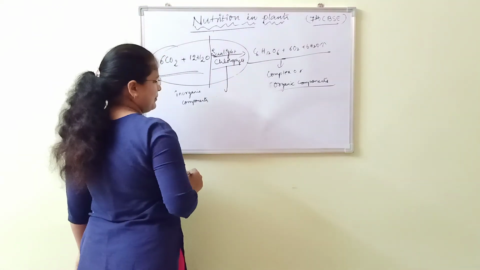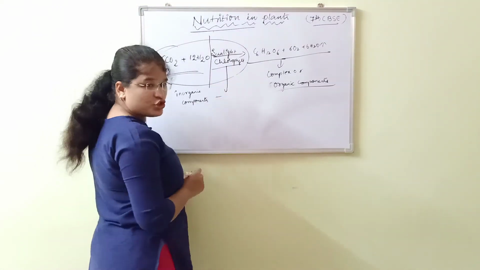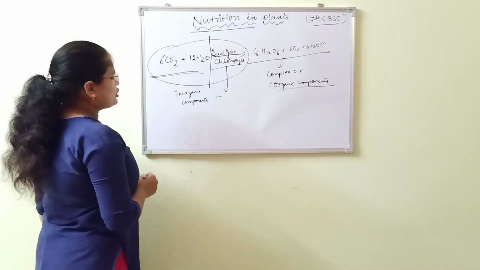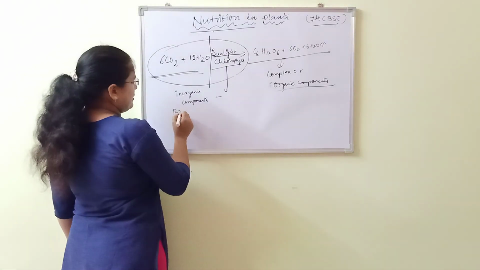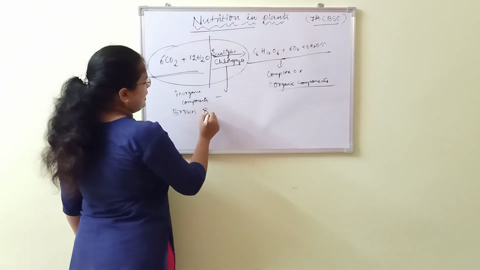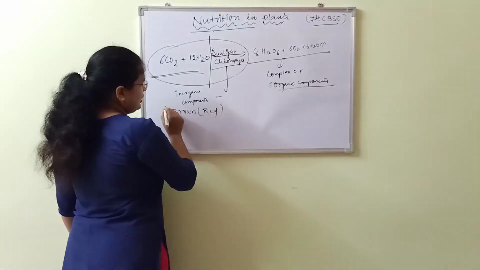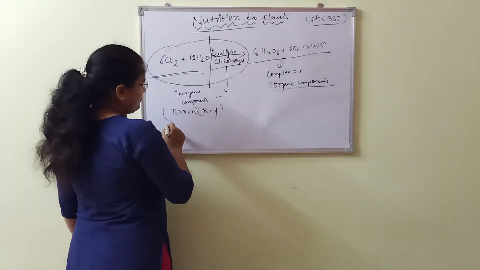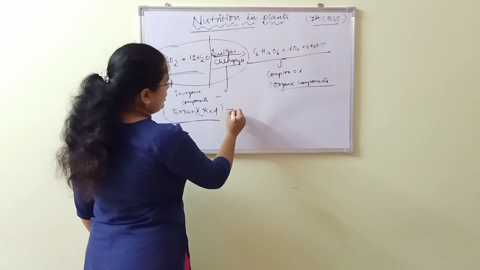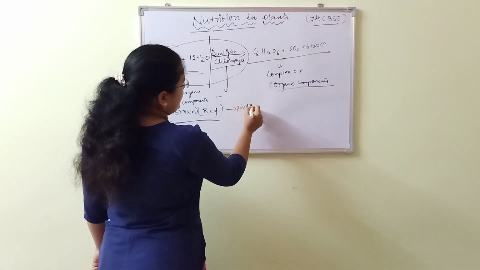We have already discussed the chlorophyll pigment. Chlorophyll is the green color pigment which is present in the leaves. And you generally observe some brown and red color leaves also sometimes. Are they responsible for photosynthesis?